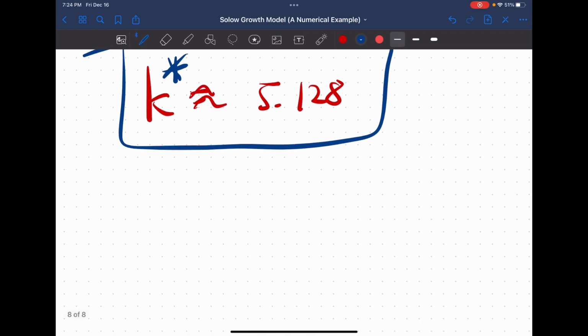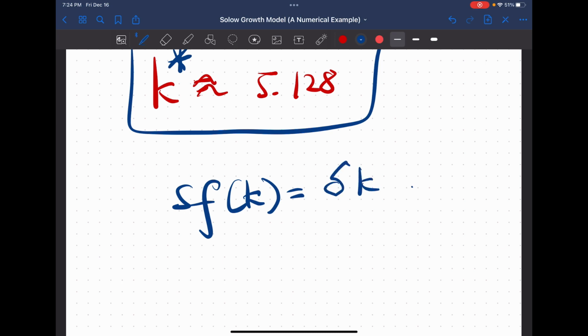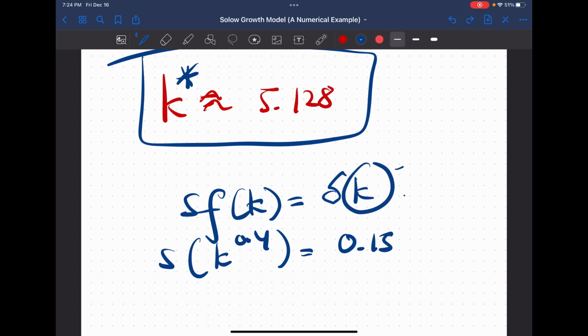And now, lastly, although it's long, I know, is to find the savings rate that maximizes consumption. So that is simple. As we know, our capital stock that maximizes consumption is 5.128. To find the savings rate, we pull back the equation of motion that we have previously, right? And we just plug in the values. So this equals s K to the power of 0.4 equals 0.15 K, and K here we have gotten from above, which is 5.128.